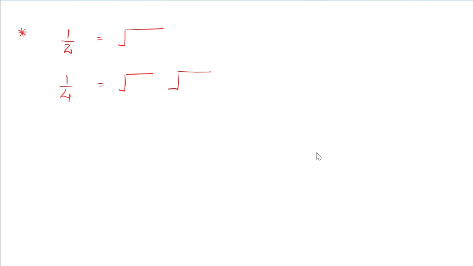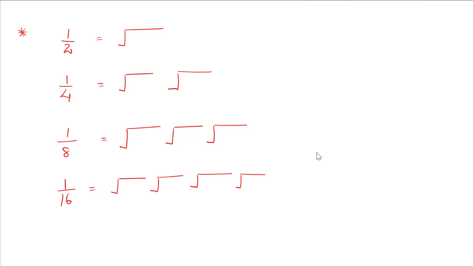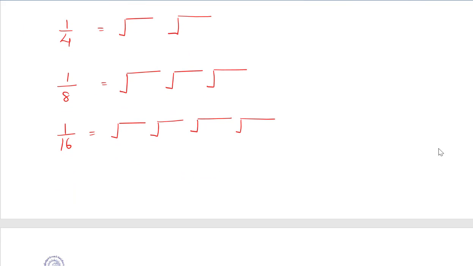If you have to calculate 1 by 8, then you press root 3 times. 1 by 16, 4 times root, and like this we can move ahead. I believe you understood.